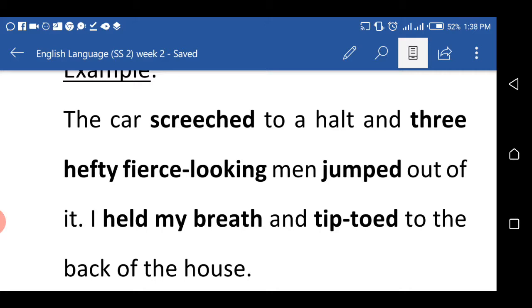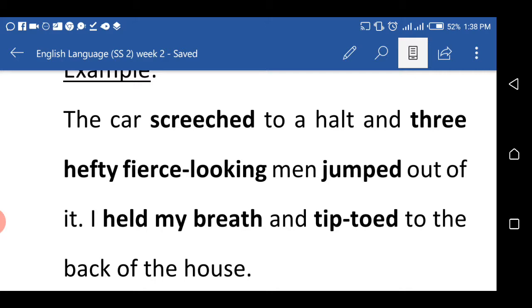The focus words, which create some sense of imagery, are screeched, 3 hefty, fierce-looking, jumped, I held my breath and tiptoed.